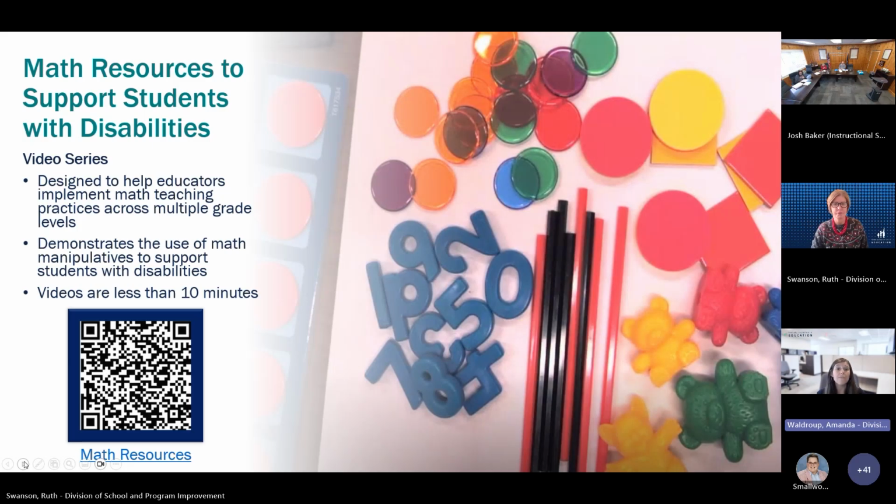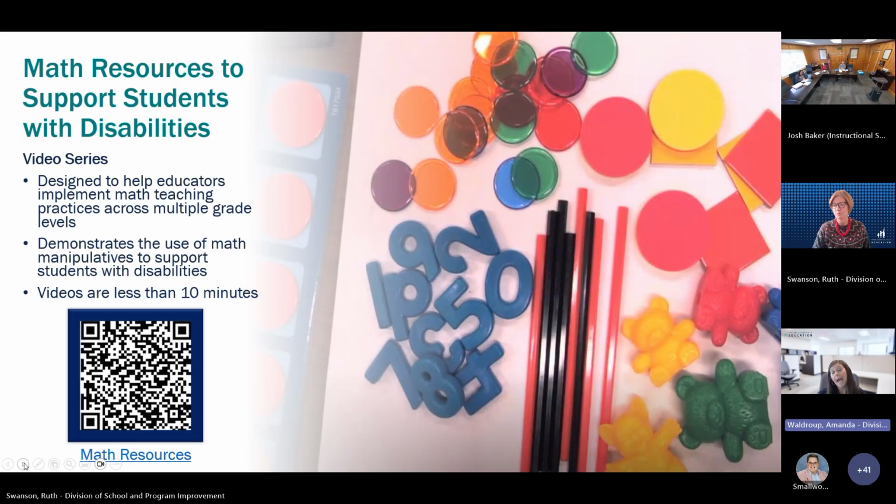Currently, there's 5 videos available featuring demonstrations. Some of those include number lines, counters, fraction manipulatives. But these videos are concise, and they're 4 to 6 minutes in length. We wanted to make them short bursts of information that you could gather pretty quickly. And so again, they can be accessed using the QR code on the screen.